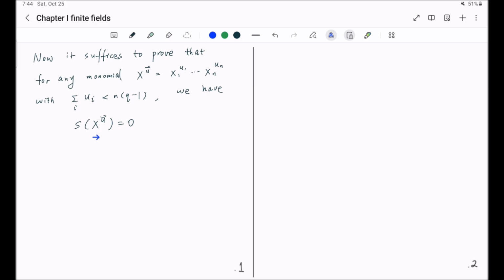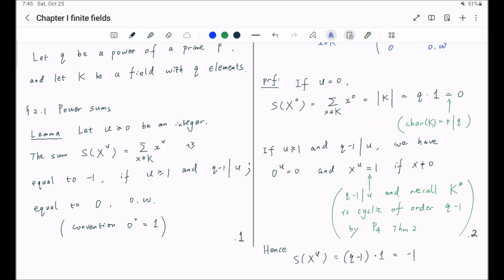This is due to the linearity of S. And we claim that this conclusion follows from the lemma on power sums we proved above.